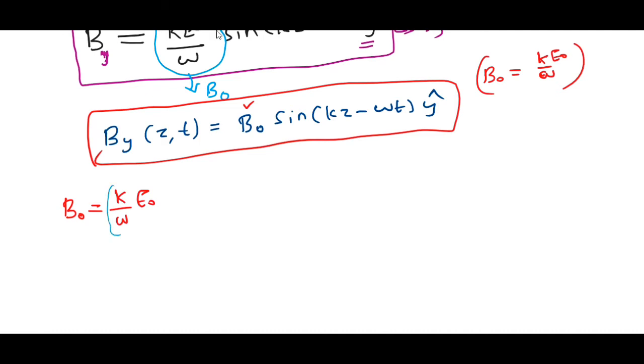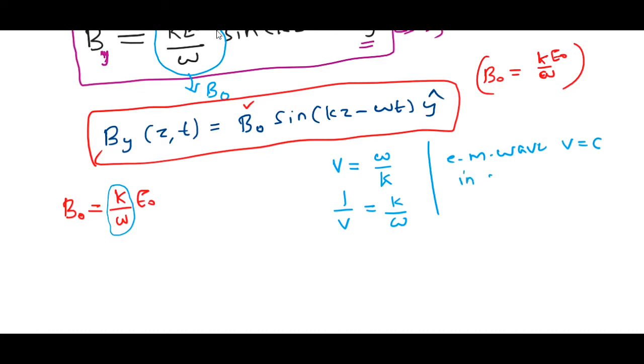This term you might have seen somewhere else. That is, the velocity of a wave is defined as ω by k, or 1 by v can be written as k by ω. In the case of an EM wave, the velocity is nothing but the velocity of light, for an EM wave in free space or vacuum.